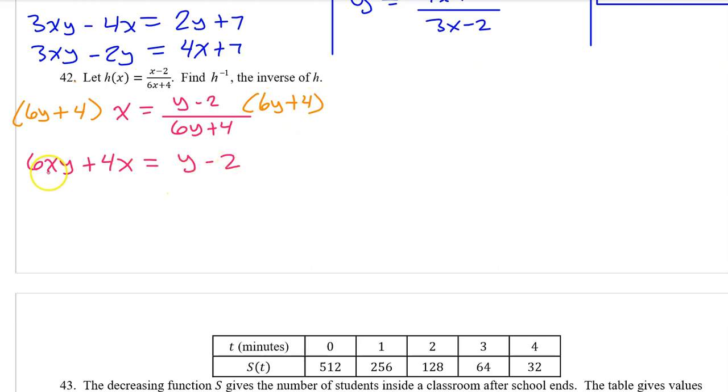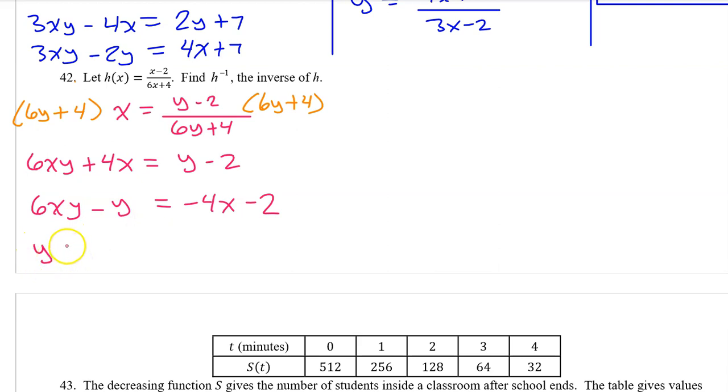Let's get both of the y terms on the left and the non-y terms on the right. So I have 6xy. Subtracting y from both sides, I will have a minus y here. Subtracting 4x from both sides, I will have negative 4x over here, and then the minus 2. Now we can factor out the y.